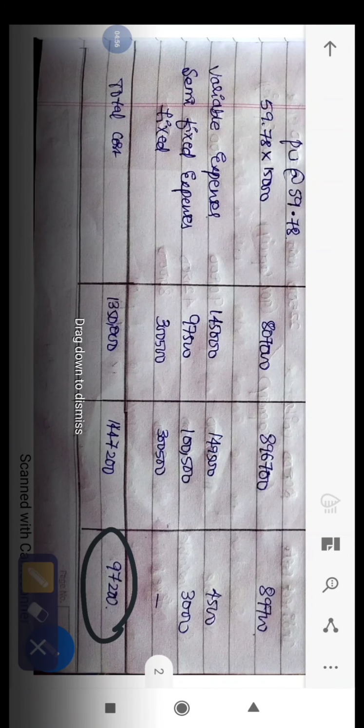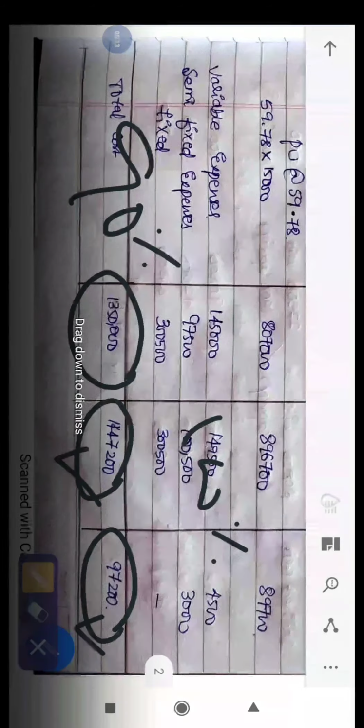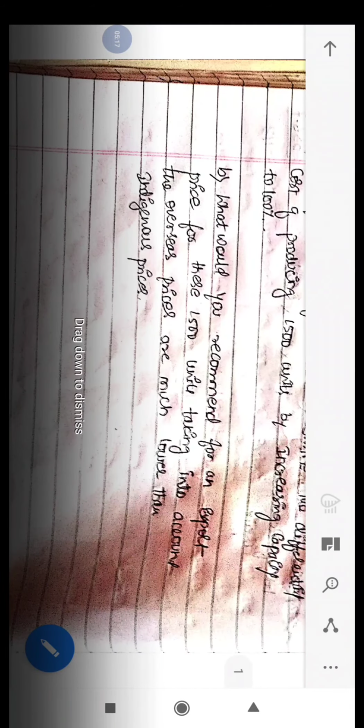So if we are operating at 90%, the cost is 13,50,000. When we are operating at 100%, the cost is 14,47,200, and the difference is 97,200. Next they ask us about export price.